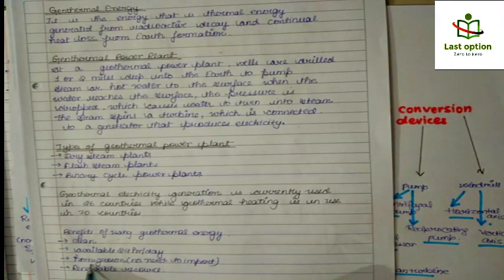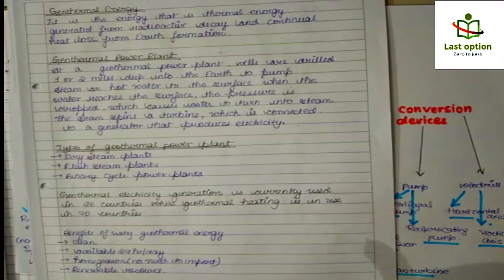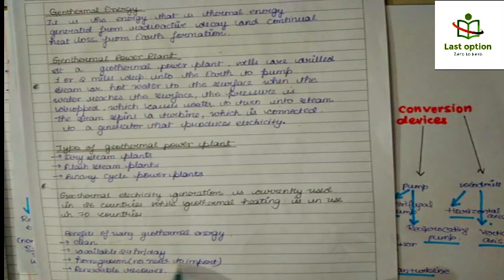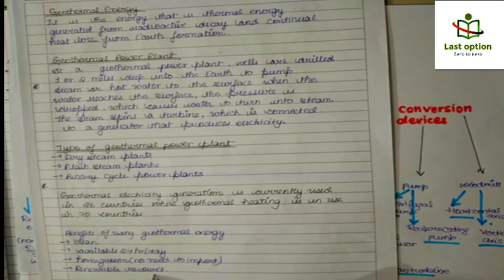It's homegrown, so no need to import, and we can set it up by searching for the most suitable land. It is also a renewable source, so it is not going to waste and can be regenerated. So this is all about the benefits.